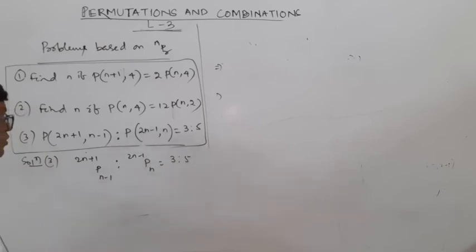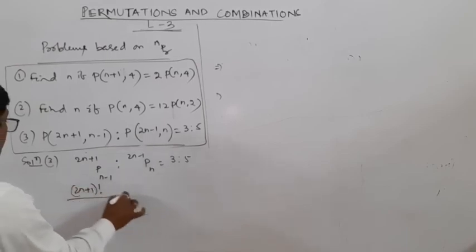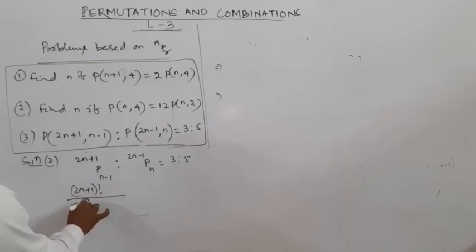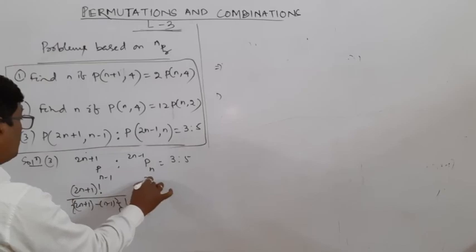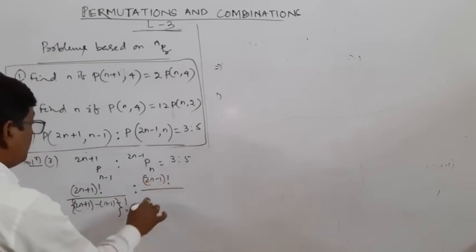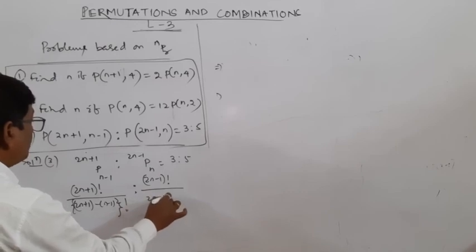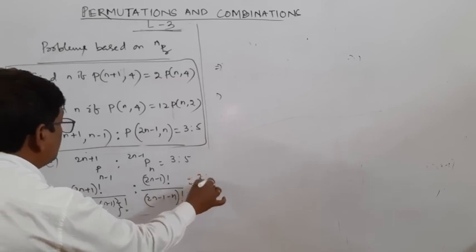So we can write here (2n+1) factorial divided by (2n+1−n+1) factorial is to (2n−1) factorial divided by (2n−1−n) factorial is equal to 3 is to 5.